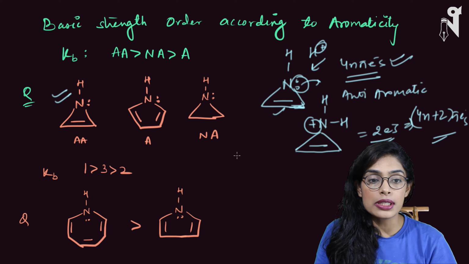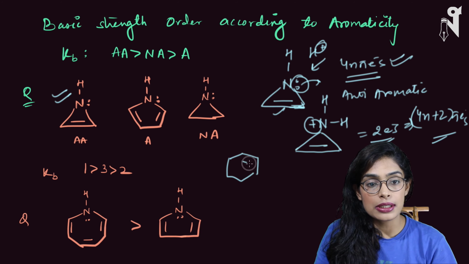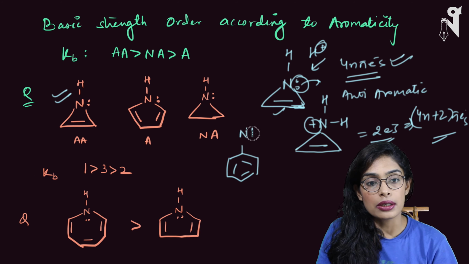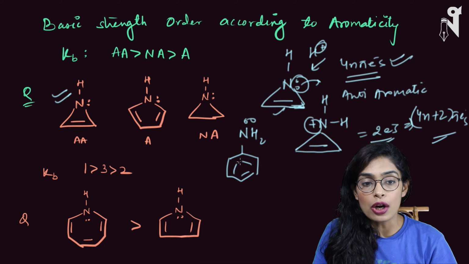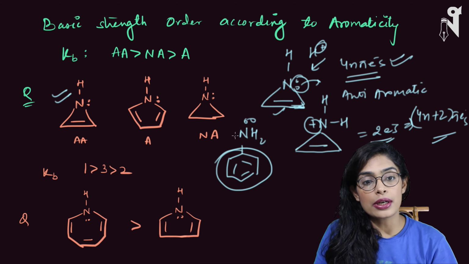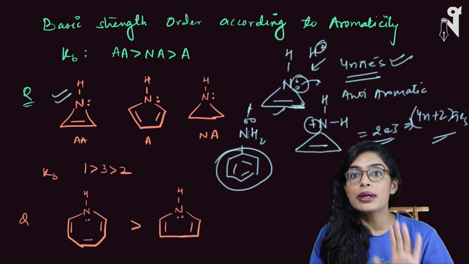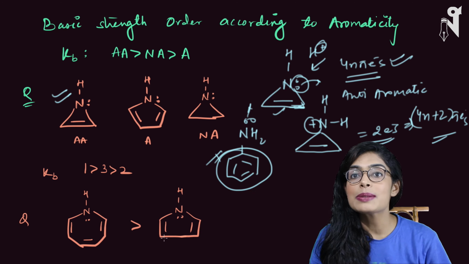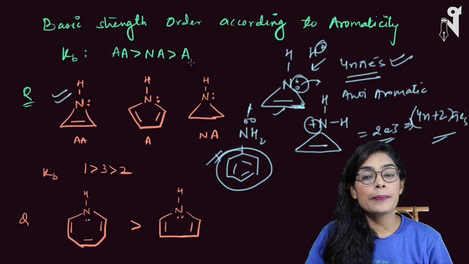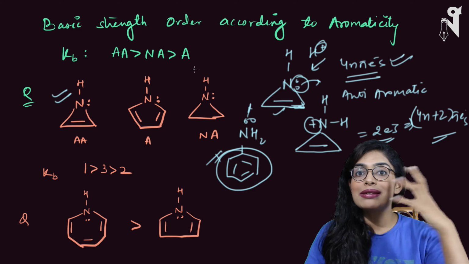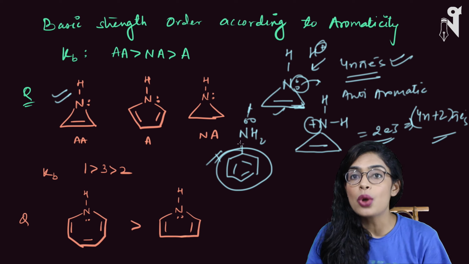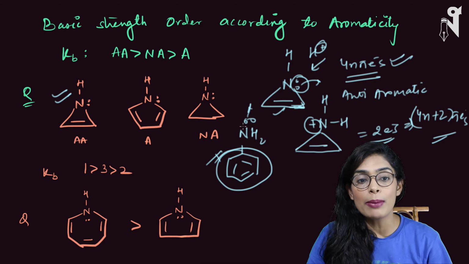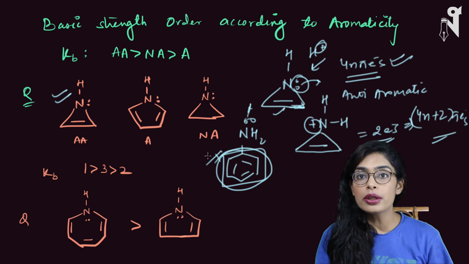If you take a structure where this is benzene, which is aromatic, and the nitrogen is here, this nitrogen's lone pair is involved in the basic strength, but it is not affecting the aromaticity of the benzene. So this is not considered in this order, where aromaticity is breaking. Here aromaticity is not breaking either way, because aromatic is the ring, not the whole molecule.